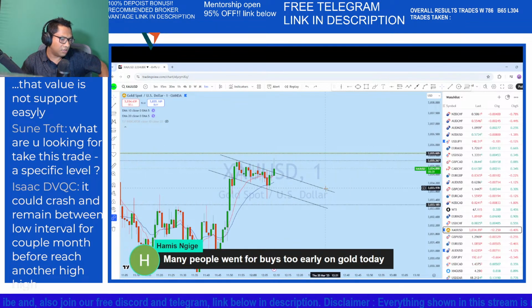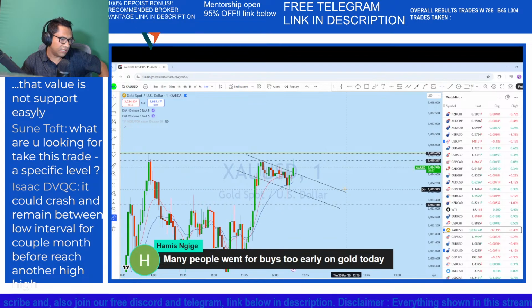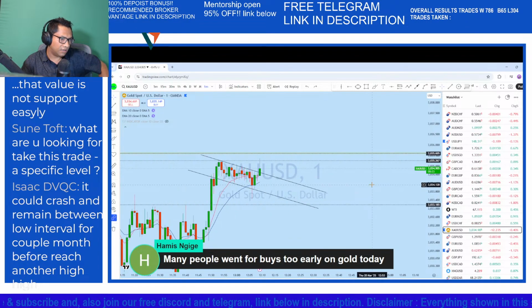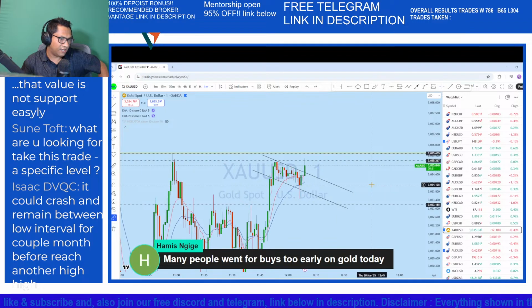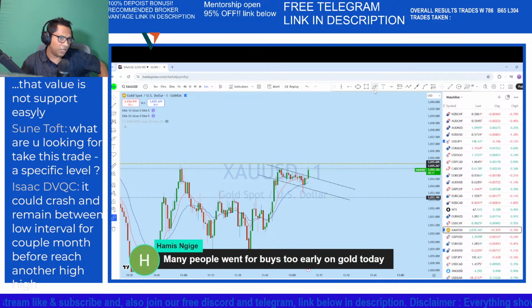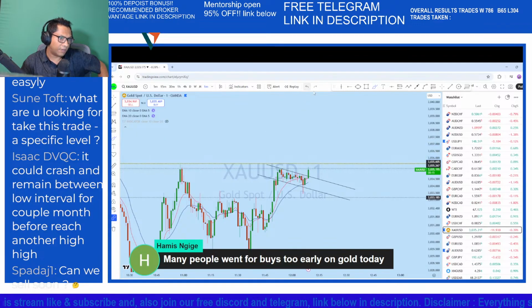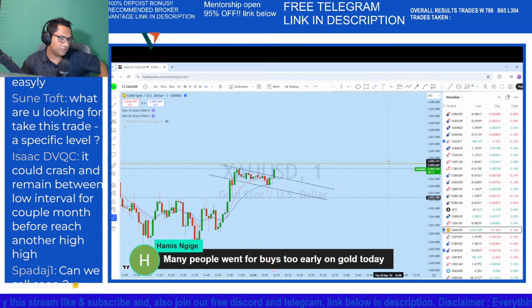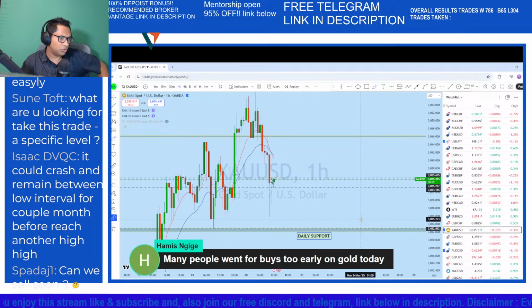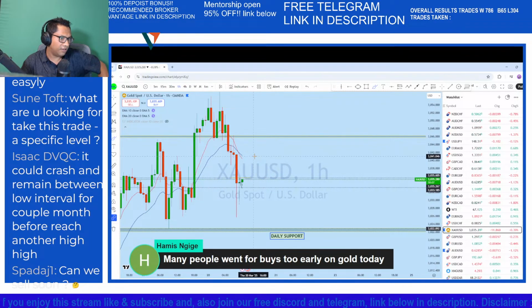With that doji formation, you can see a doji here with a bullish candle to the upside, and with that bullish candle and doji formation the market is slowly moving potentially to the upside, and let's see if it wants to create a new higher high here.